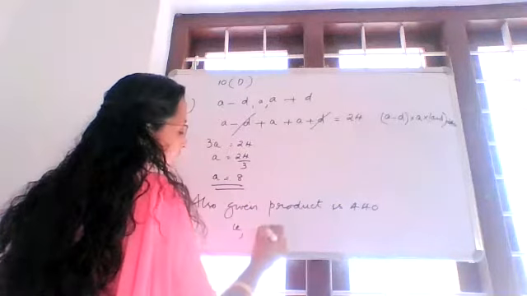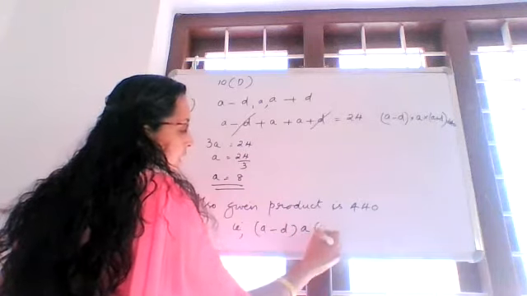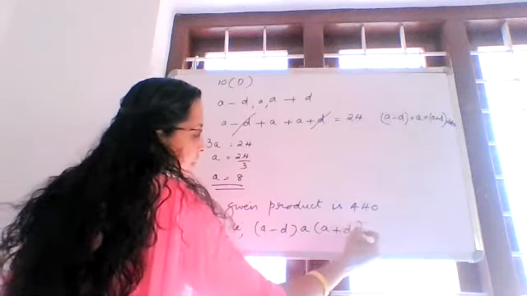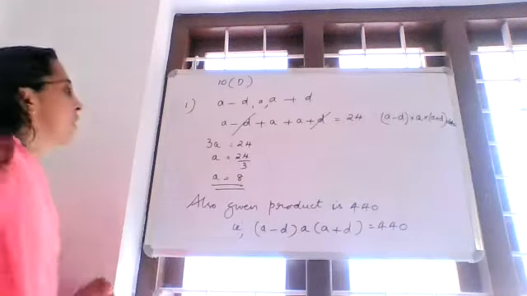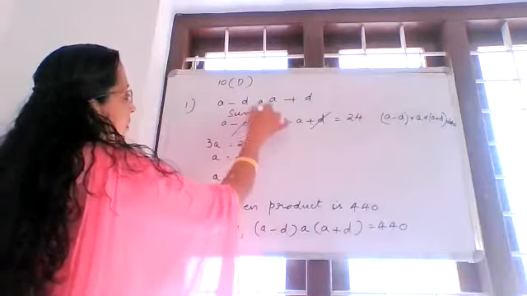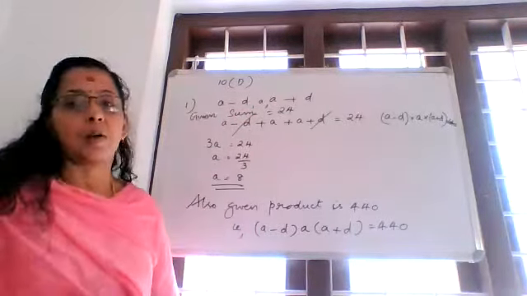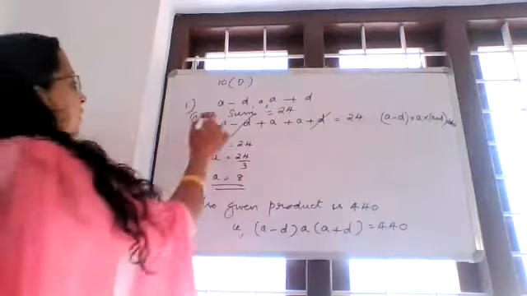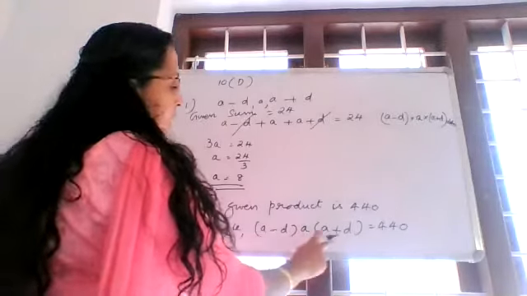That is A minus D into A into A plus D is equal to 440. Before this you write given sum is equal to 24. First you wrote given sum is equal to 24, no? Then the same, A minus D into A into A plus D is equal to 440.